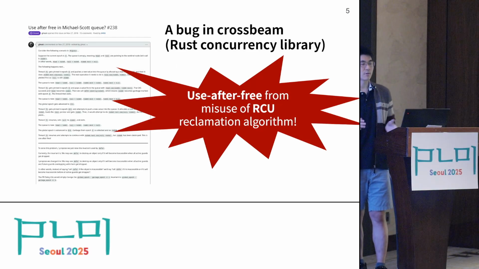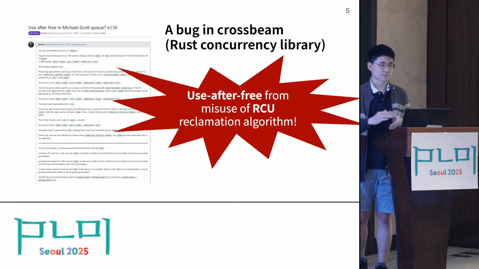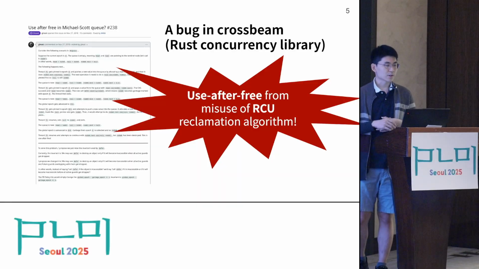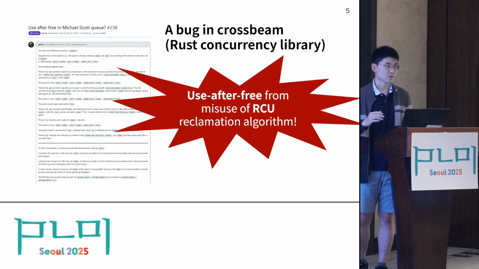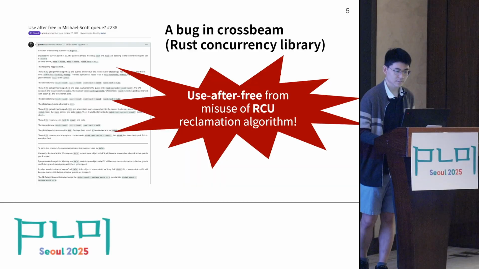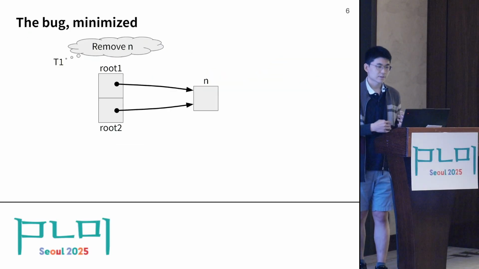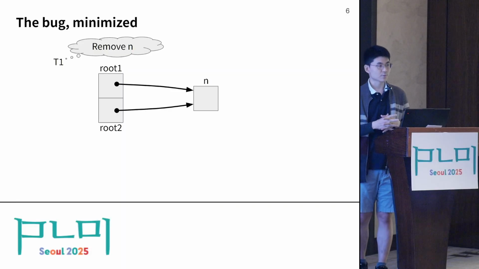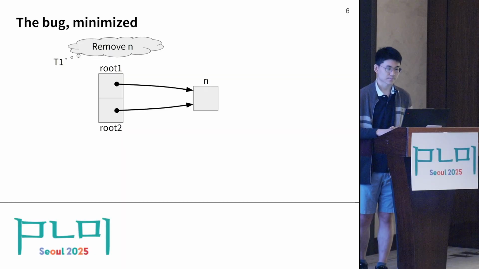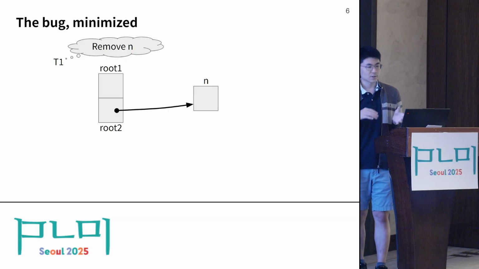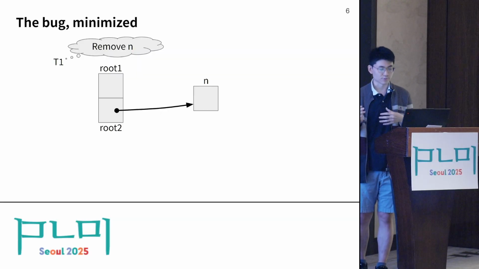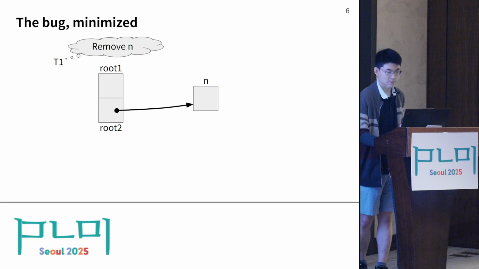So with the basic idea of RCU, let's revisit the bug from the first slide. The original bug is quite complex, so we're going to use a simpler example that shows the same underlying problem. Now let's imagine two root nodes pointing to a node n. We want to remove the node n from the data structure. So we first cut the link from root 1 to the node, and we make a critical mistake here.